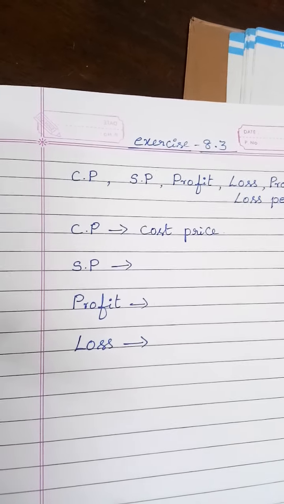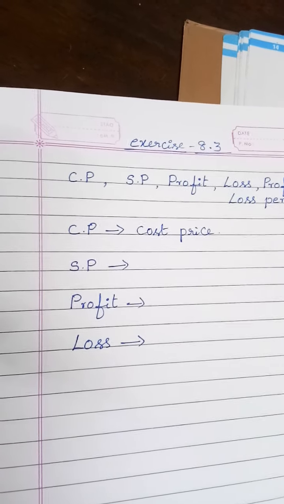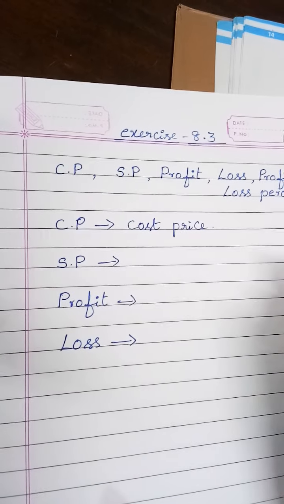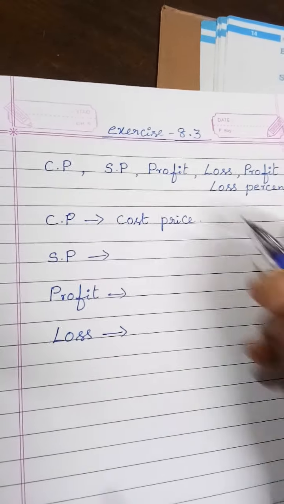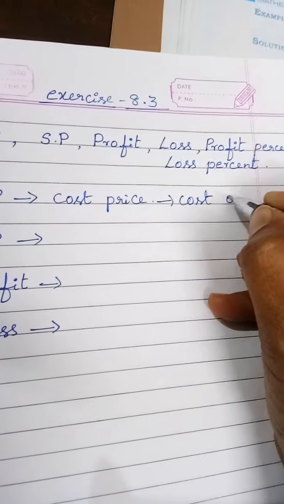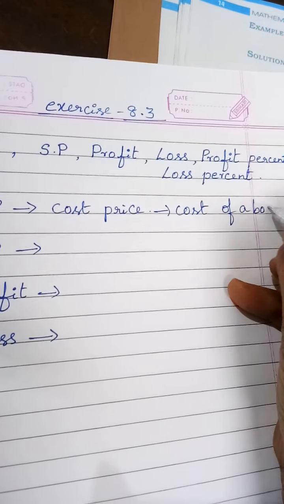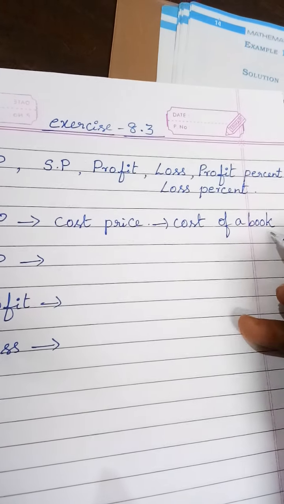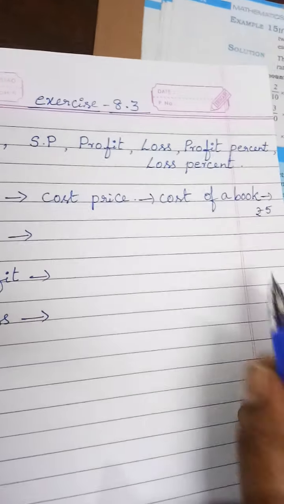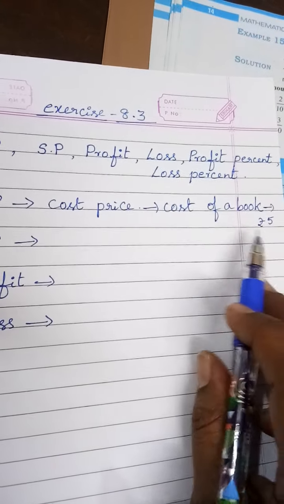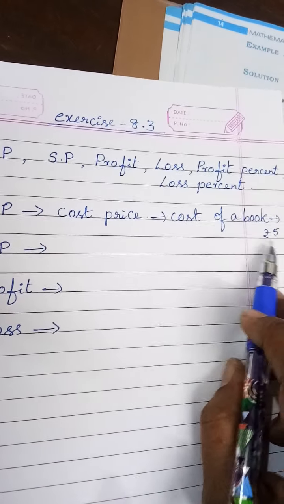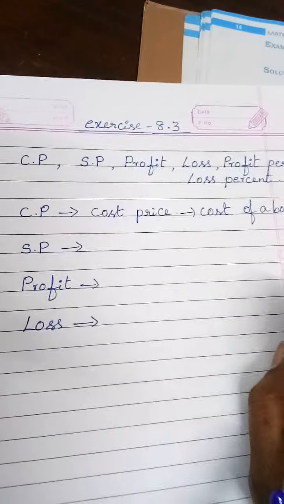The buying price of any item is known as its cost price, for example, the cost of a book. If the cost of a book is 5 rupees, we can say that the CP of a book is 5 rupees, meaning the cost price of a book is 5 rupees.